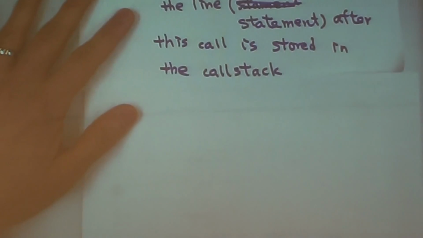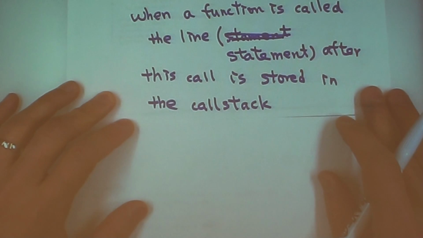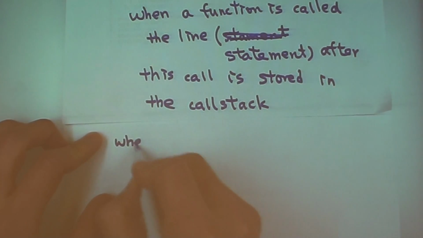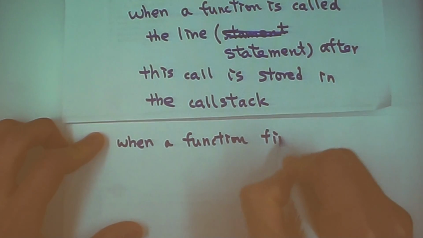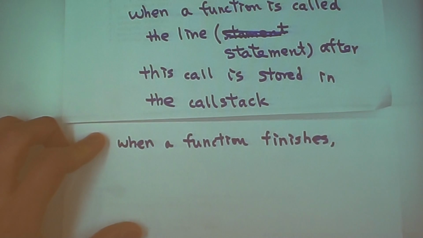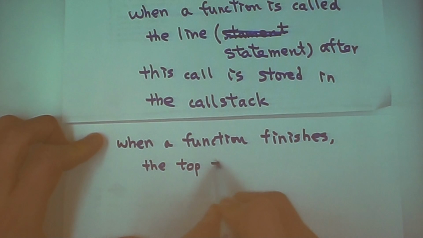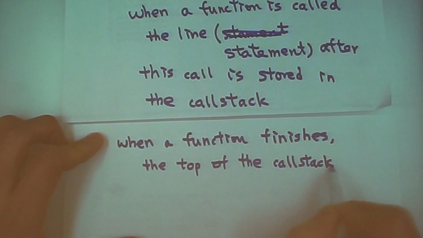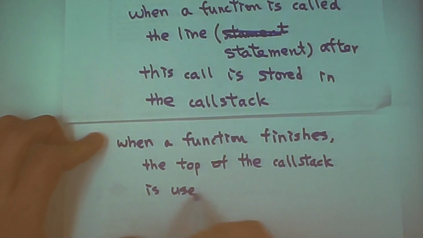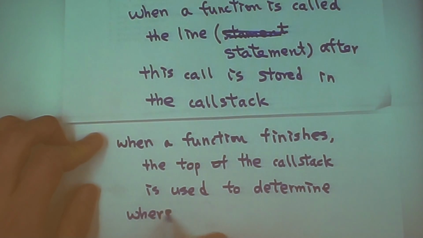Okay, when a function is called, the line after this call is stored in the call stack. When the function finishes, the top of the call stack is used to determine where the program continues.